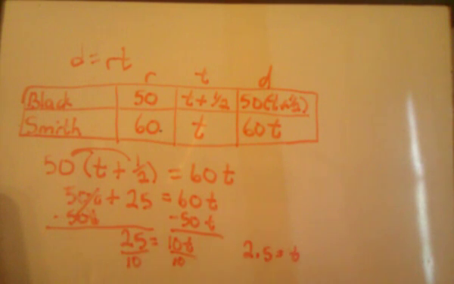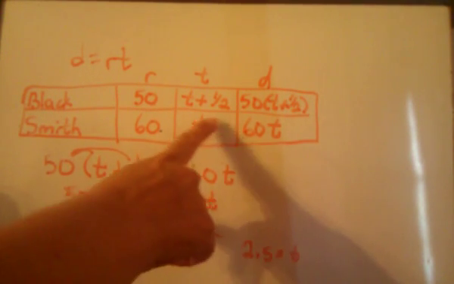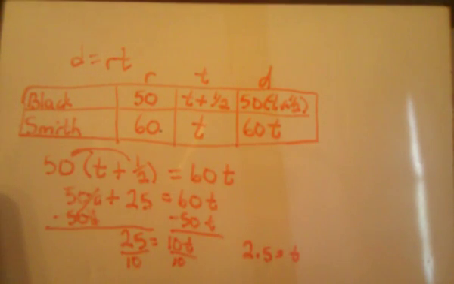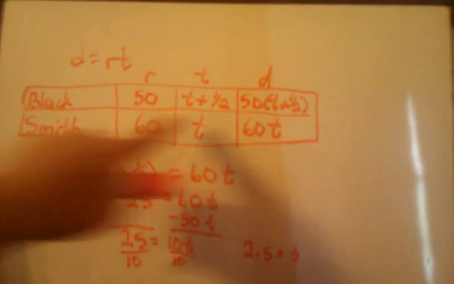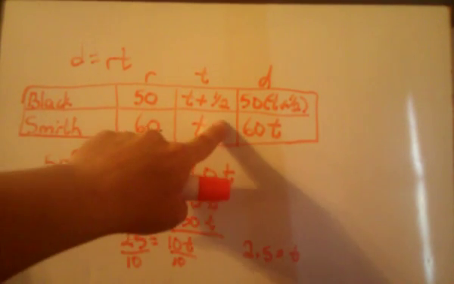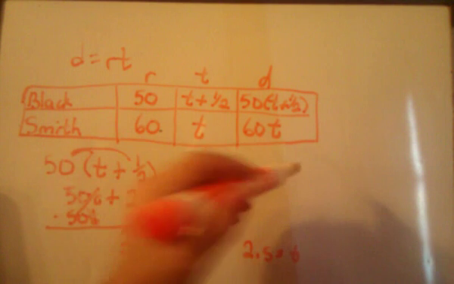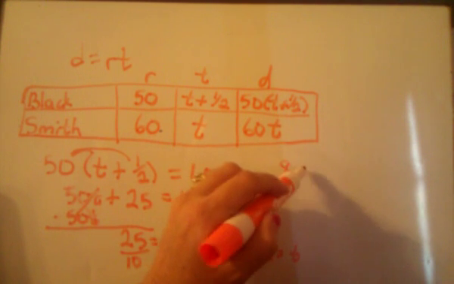Now be careful. It wants to know at what time. I know it's going to take 2.5 hours from the time Smith left. What time did Smith leave? Let's look at it. Mr. Smith left at 8:30. Now t was Mr. Smith's time. That's why I looked at what time did Mr. Smith leave. It said he left at 8:30, right?